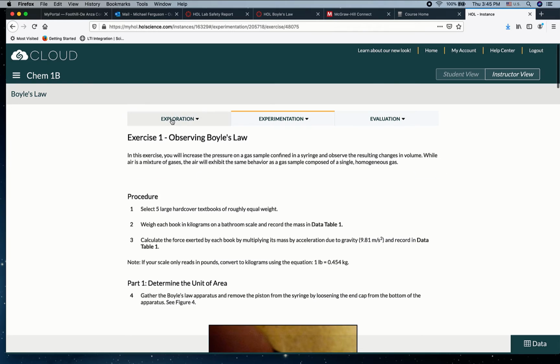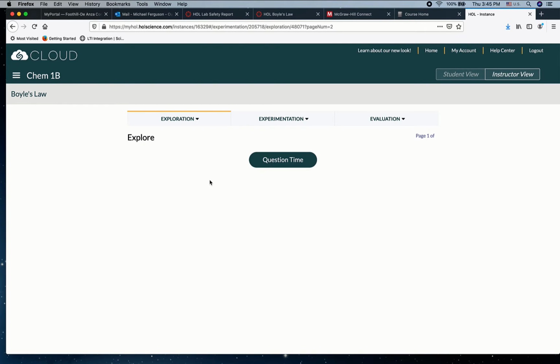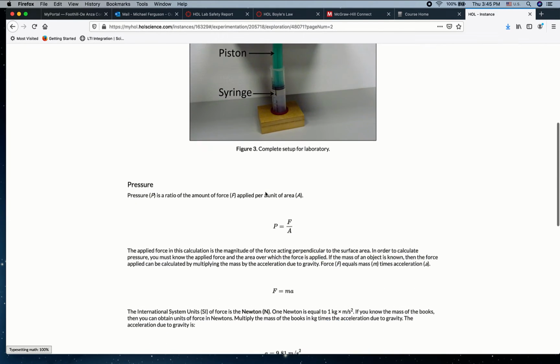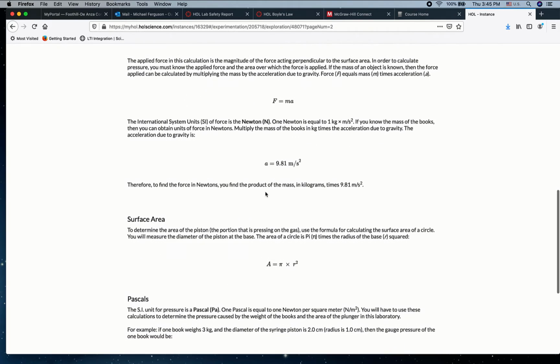So here is the exploration part. You can go on your own, and it also shows you how to calculate the pressure. So pressure is force over area, and this is not a physics class, but I'm going to go through this.